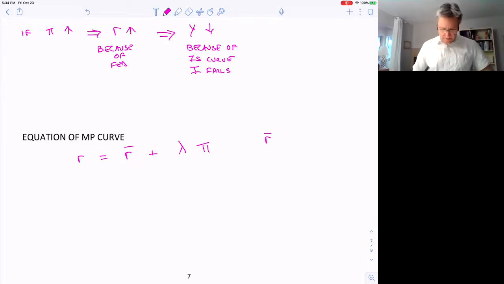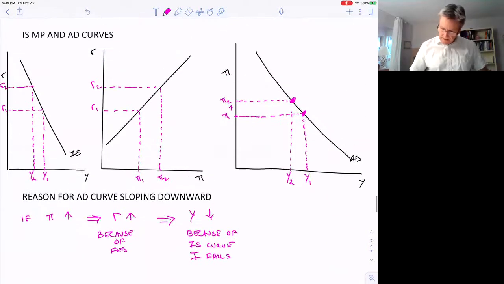So r bar would be the vertical intercept, and lambda will be the slope of the line. So the steepness of this line, the slope, is lambda, and this y-intercept here is going to be r bar.